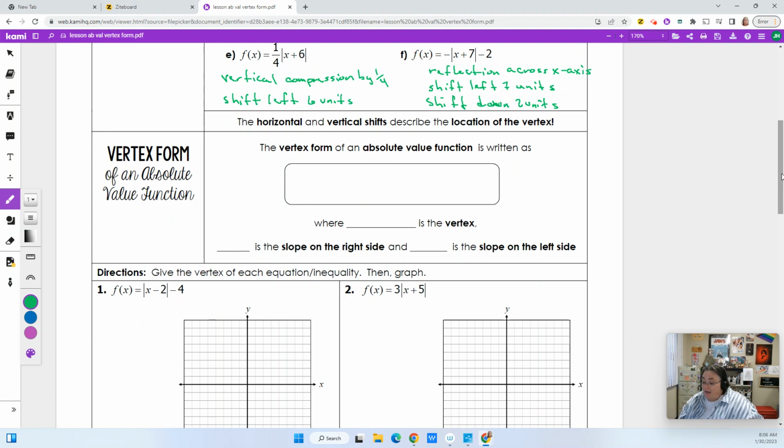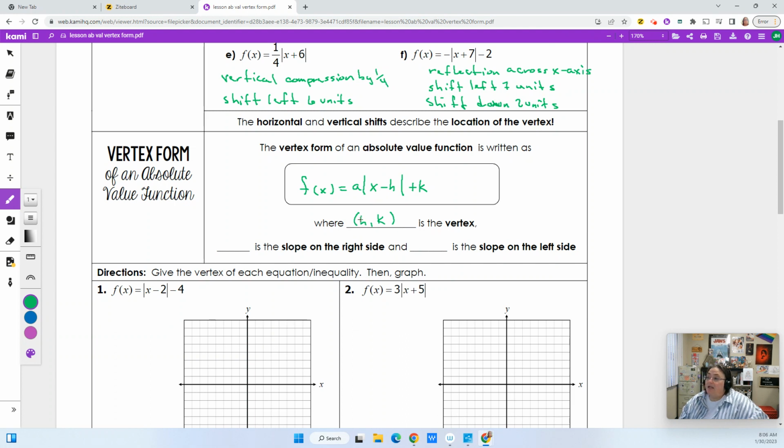So if I have a function, f of x equals a, we don't know what that is, times the absolute value of x minus h plus k, where the vertex would be (h, k).